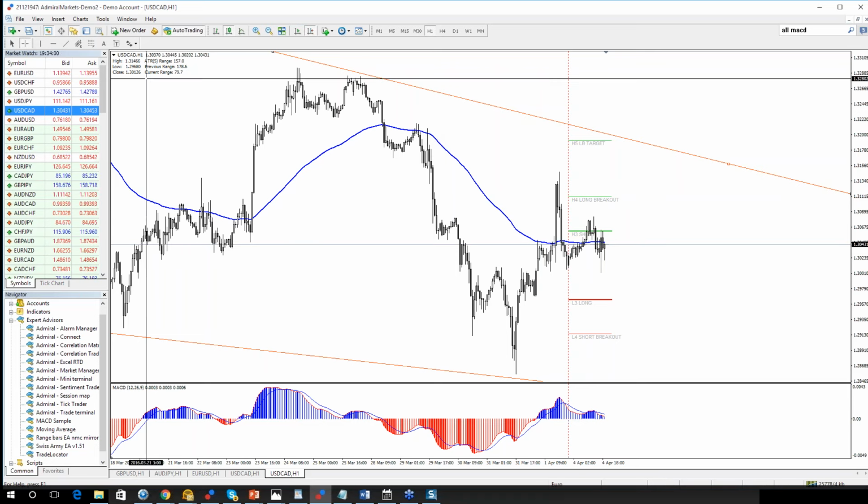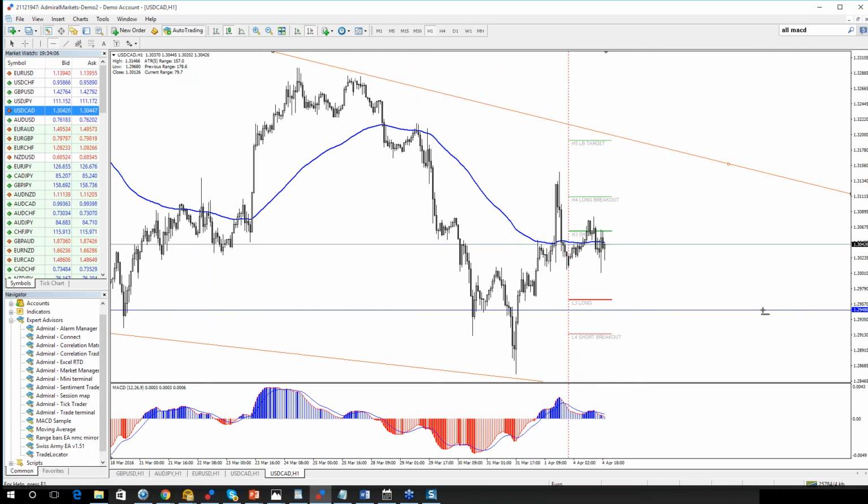Okay, let's see. I need this line here. Because if this drops here, it should form a possibly new wave of buyers, because this is where historical buyers are.